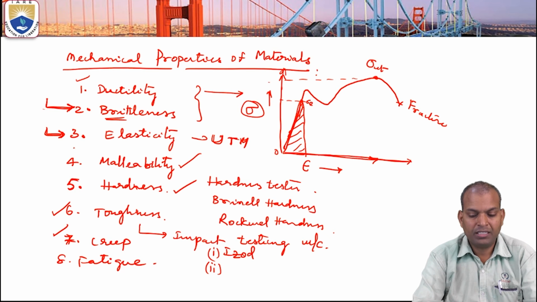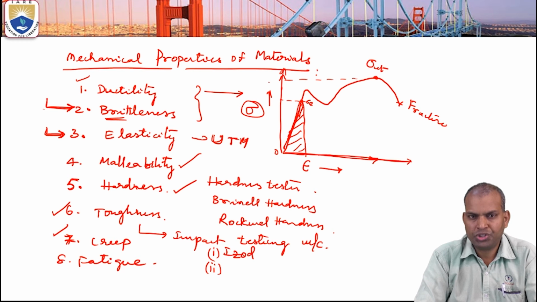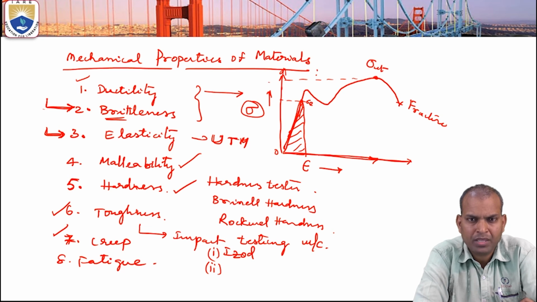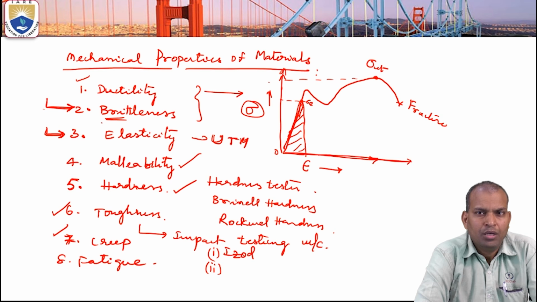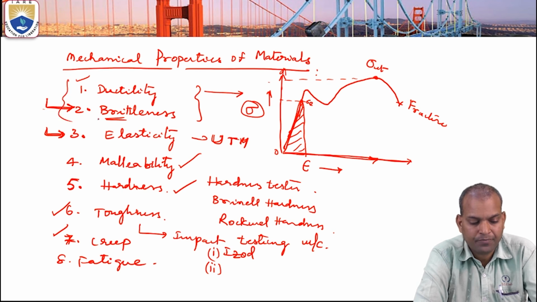So for any component you are manufacturing, based on the application of that component, we will consider one of these properties from the list. Gold and silver have a ductile nature, that's why gold and silver are used for ornaments, different vessels, and different preparations based on this application.